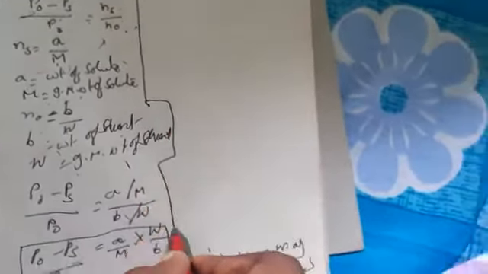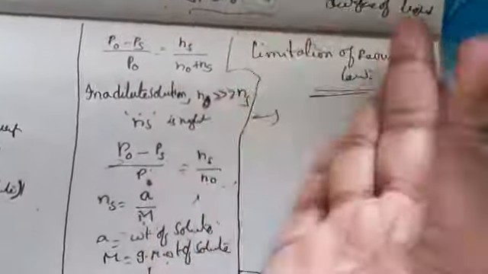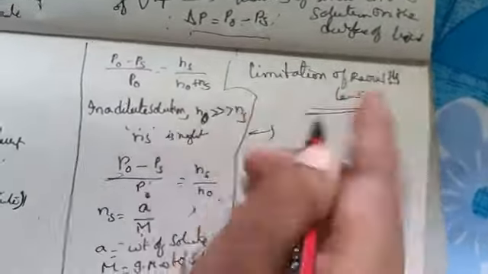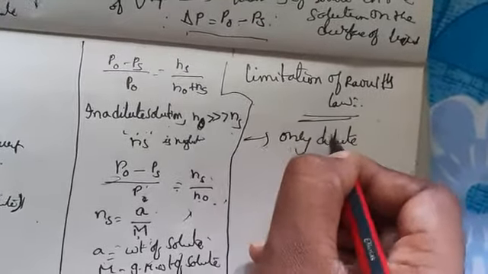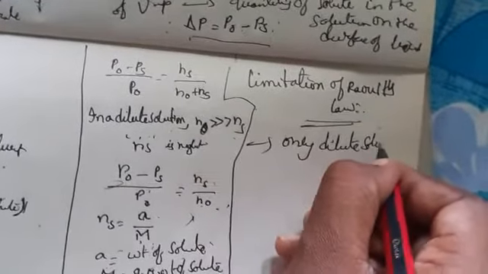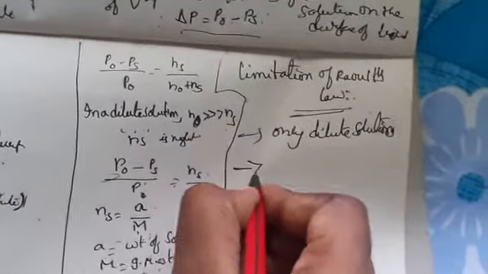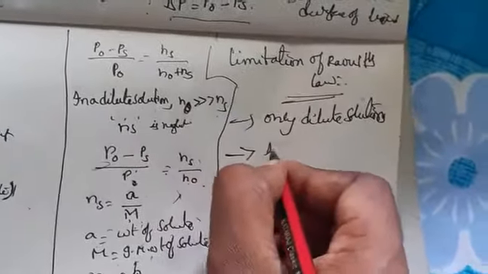Limitations of Raoult's law. So what is its drawback? It is applicable to only dilute solutions, and it takes place only if the solute is non-volatile.